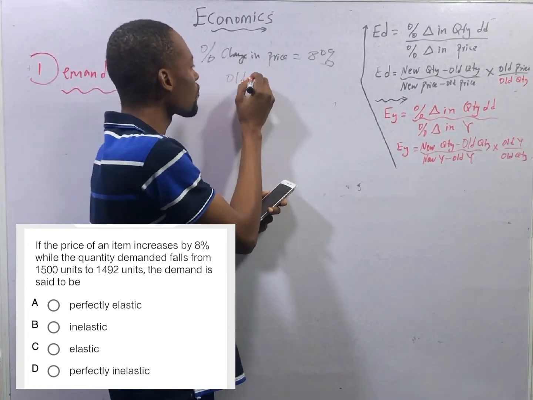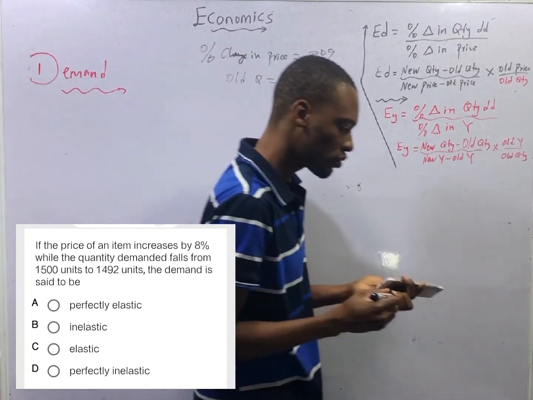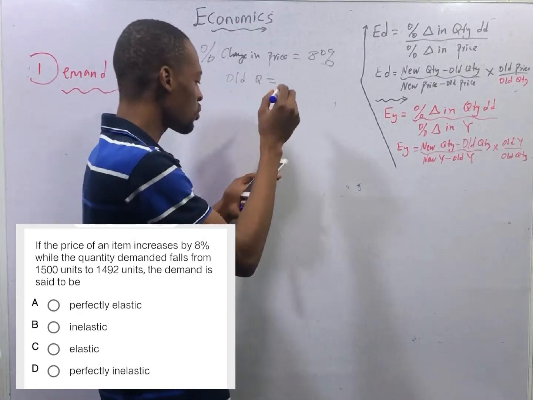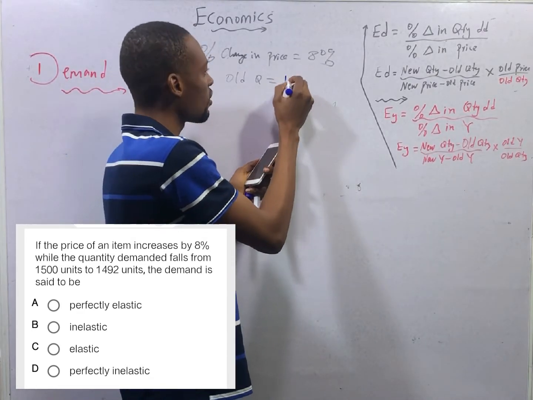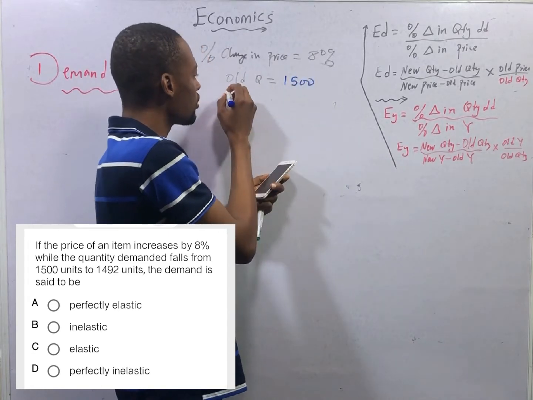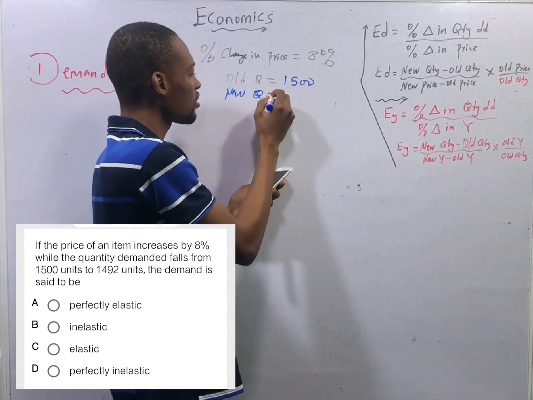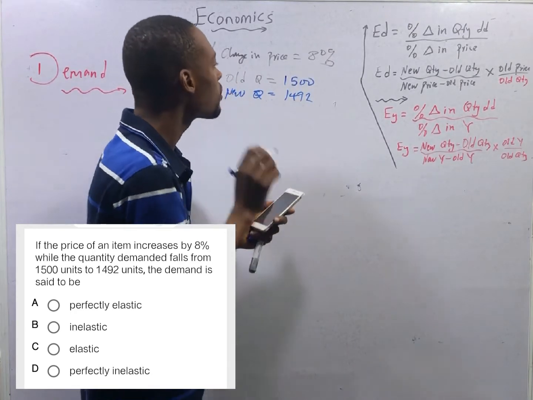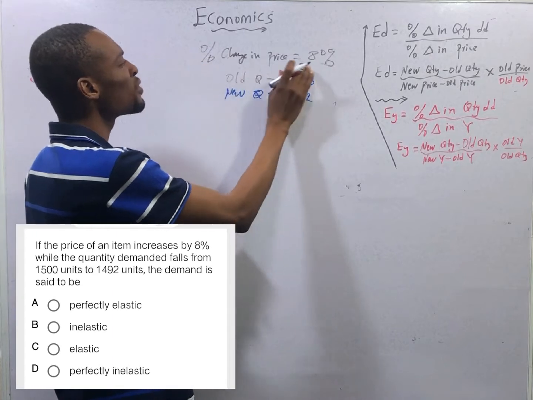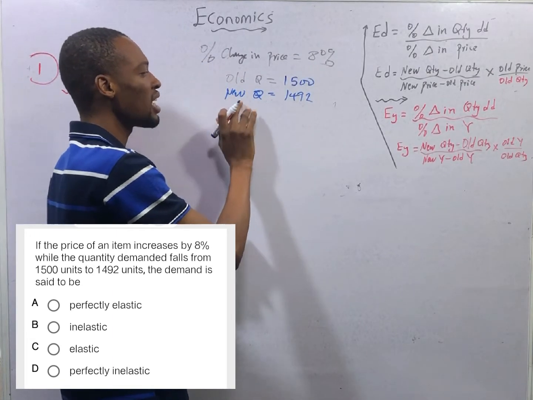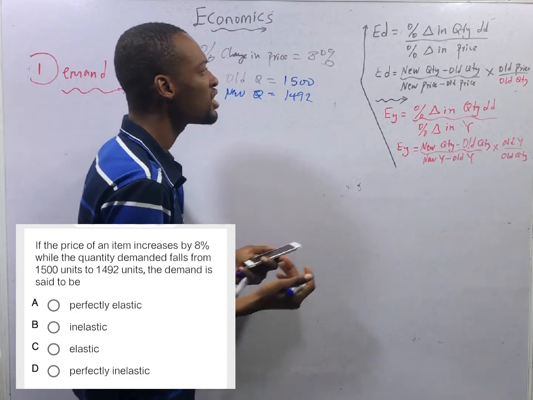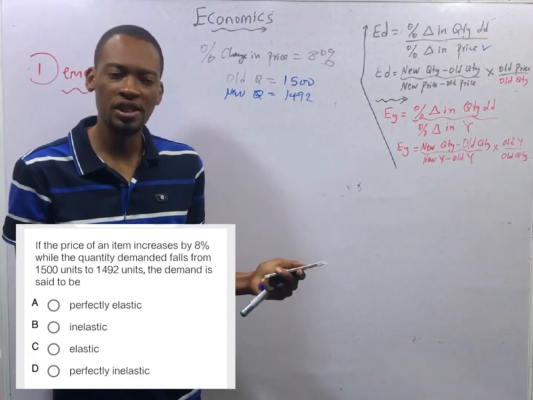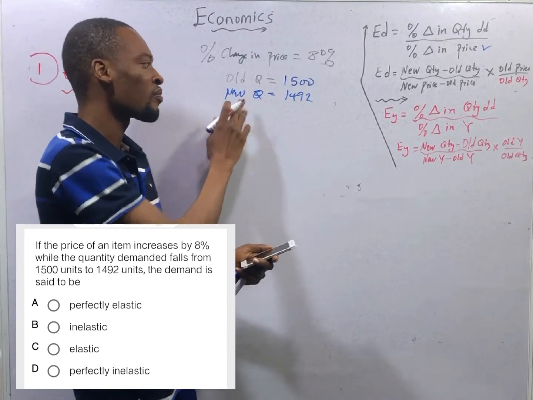Old quantity is equals 1500, new quantity is equals 1492. Okay, now percentage change in price is this. For change in price, we are settled, we have what we need. But for change in quantity, we need to calculate it from here.